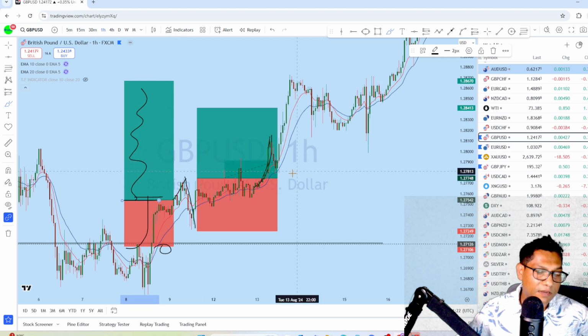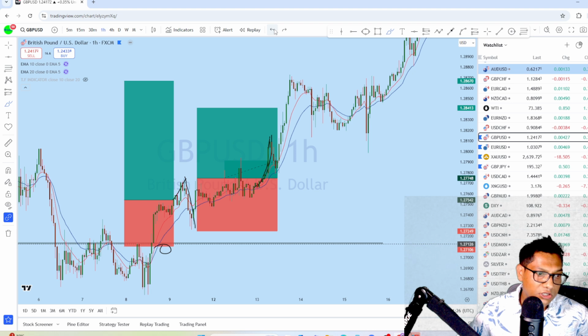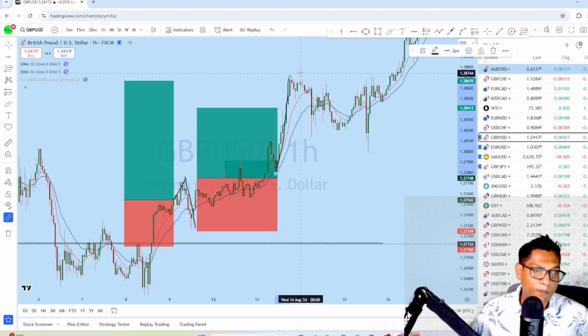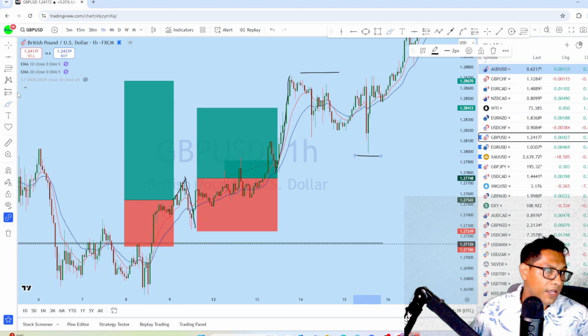Now once we see that the market managed to break out here with this stronger momentum, our job, as we mentioned, every time it creates a new higher high, we will be placing the pending order. Stop loss will be below the swing low, and we'll keep running those trades.